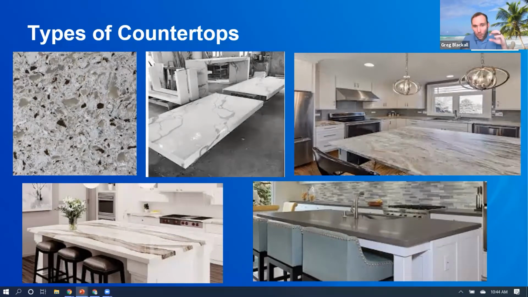Now, one of the other things, and I was going to touch on this, and I just remembered it as we're talking about it. When you get quartz countertops, they will actually go in and measure the space that you have, and they will actually make this into one solid piece of quartz. So you're not going to have seams. They'll actually pour this out of one solid piece. So it can be L-shaped, it could be a U shape, and they can still pour that as one solid piece.